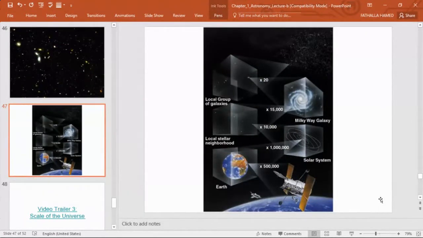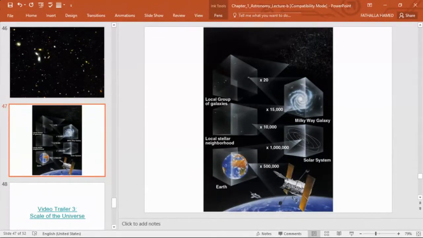So you live on planet Earth, and this planet Earth is part of the solar system, and the solar system is part of a galaxy.